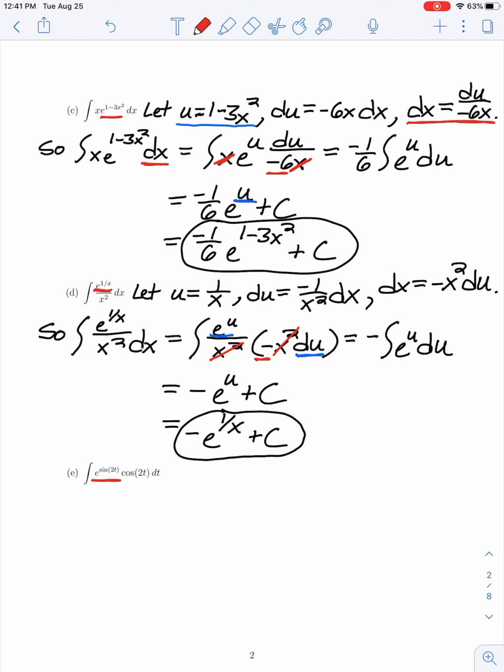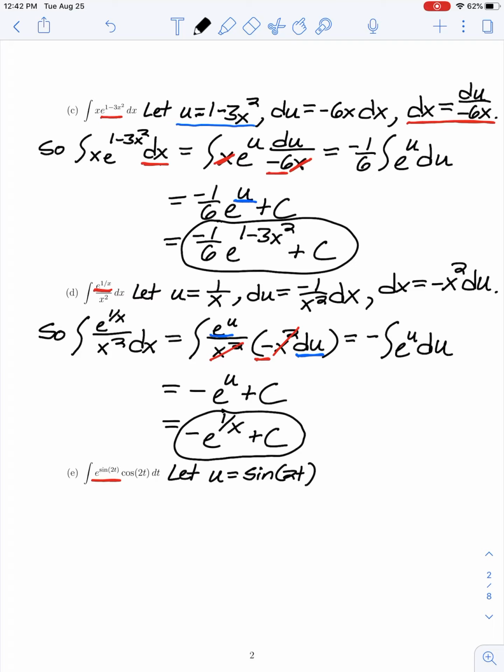We have e, not just to the sine of t, but sine of 2 times t. So as soon as we see this, we should think of using a substitution. And so I'm going to choose u as the inner function in my composition. In this case, sine of 2t.